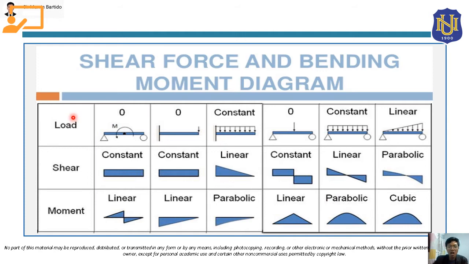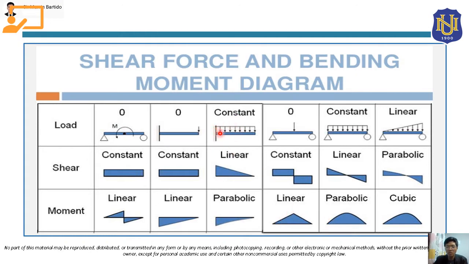If your loading is a couple, the shear will just be a rectangle, and the moment will just be a triangle. Also for concentrated loads, the shear will just be a rectangle, and the moment will be a triangle.